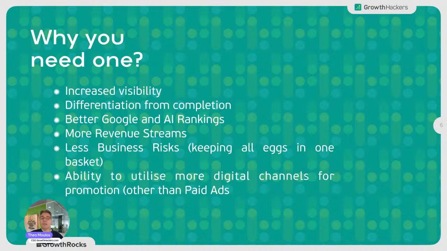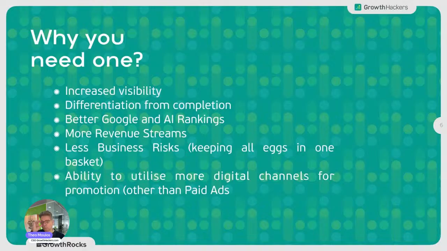Okay, now, why do you need one? For the reasons we just said: increased visibility, differentiation from competition, because competition is always having the same one website, then better Google AI rankings, more revenue streams.